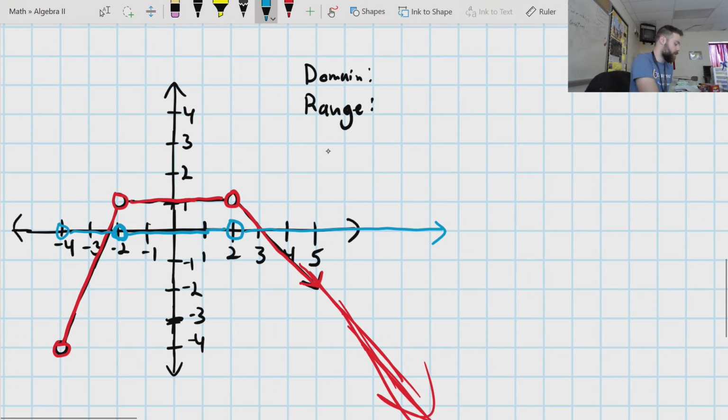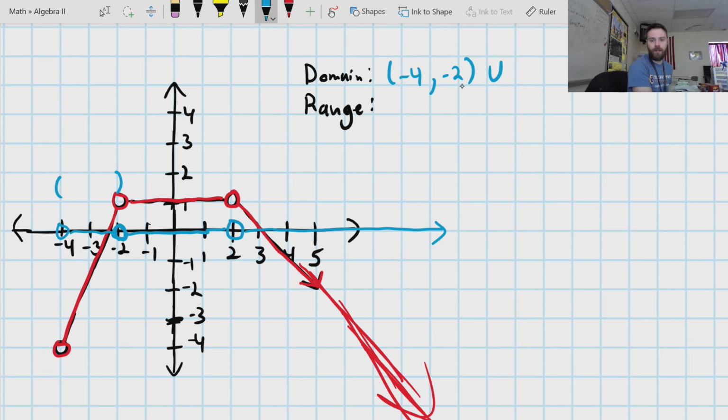So let's try and talk about the domain as an interval. So in interval notation, the domain would be from -4, not included, so open parentheses, to -2, union, and remember this is not a coordinate, this is an interval, so I'd go back and look at solving inequalities if this is kind of confusing.